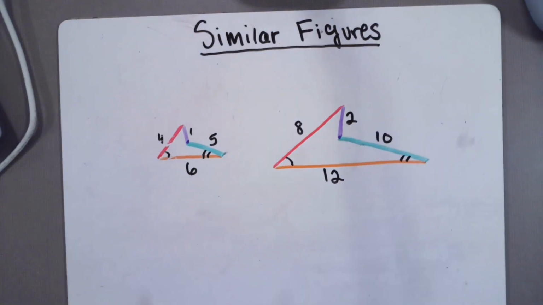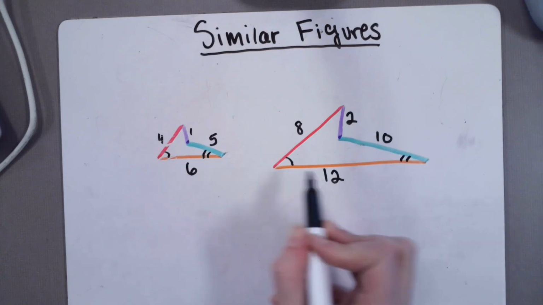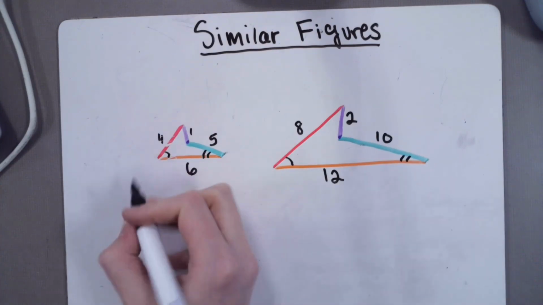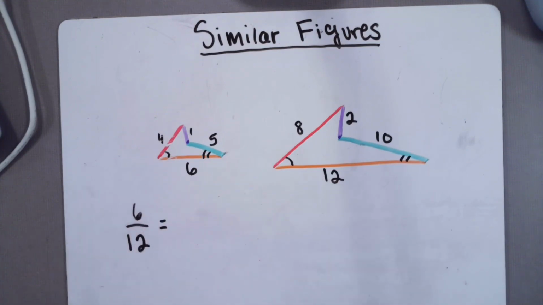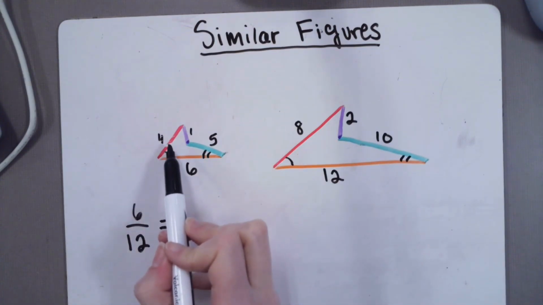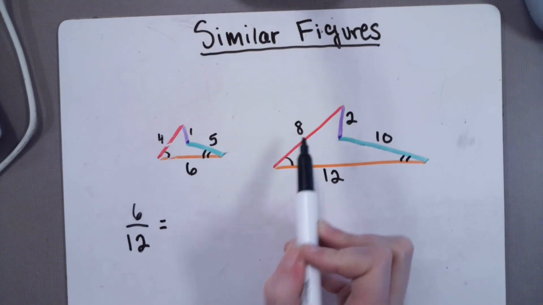So there's a couple different ways that I can show proportionality. I could set up a proportion between corresponding sides from the two different figures. So for example, I could say orange from the small over orange of the big is equal to the red side in the small figure over the red side in the big figure.